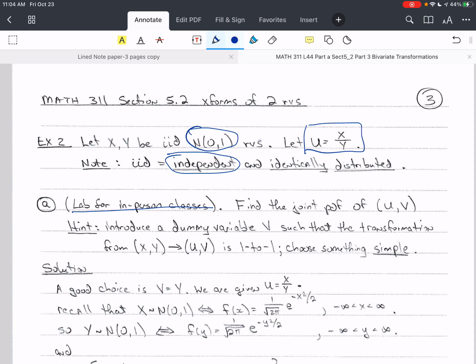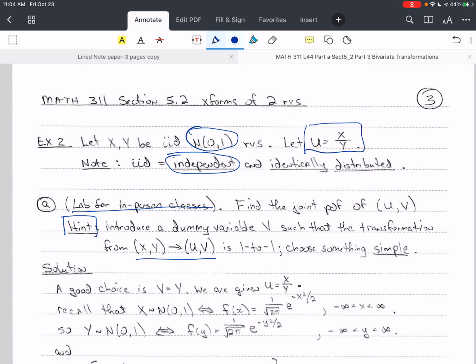Okay, so what we want to do is find the joint PDF of u and v. Our hint here is that we need to introduce a dummy variable, v, such that the transformation from x and y to u and v is one-to-one. We want to choose something really simple.